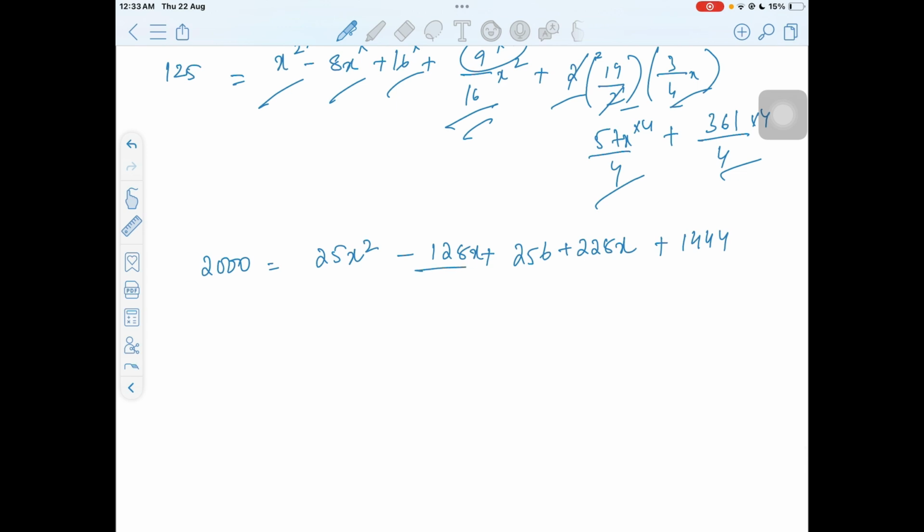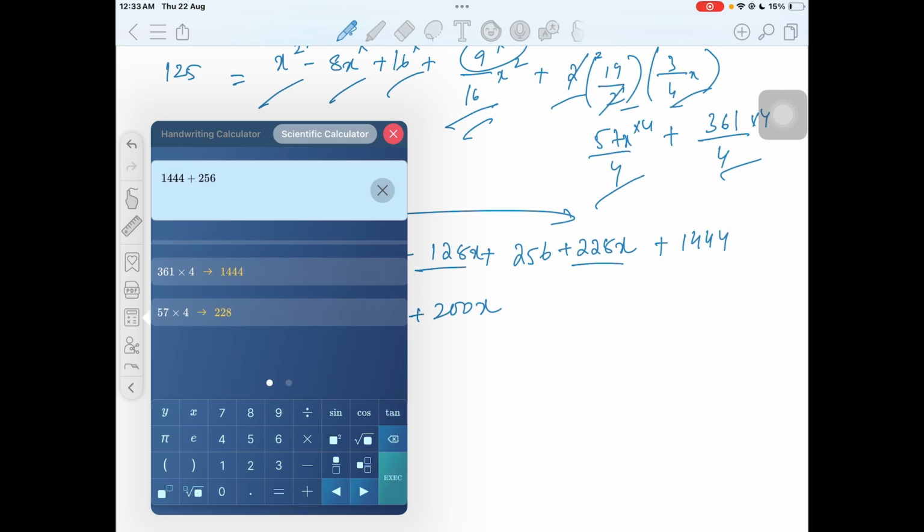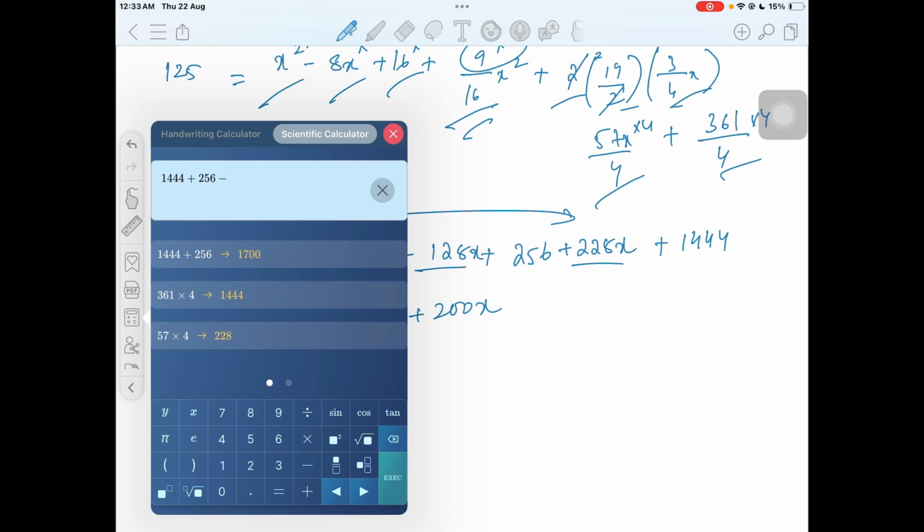So this would be 25x² plus 200x. Let's just take all of these things over here. So this would be 144 plus 256 minus 2000.